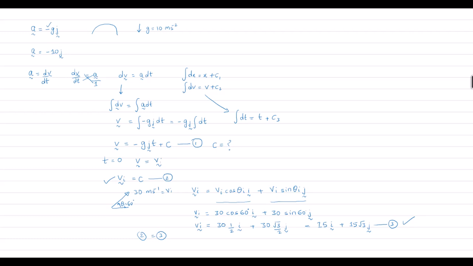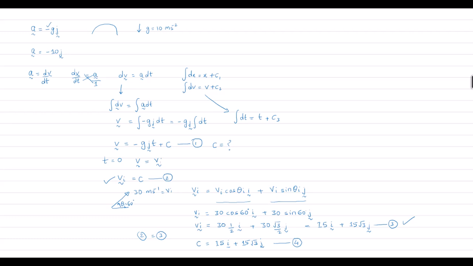So that will give me c equal to 15 I plus 15 root 3 j. Yeah, but that's the value of c. What we need ultimately is the value of the velocity. So let me call this number 4.